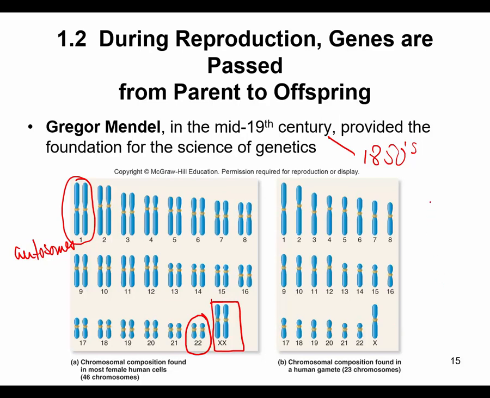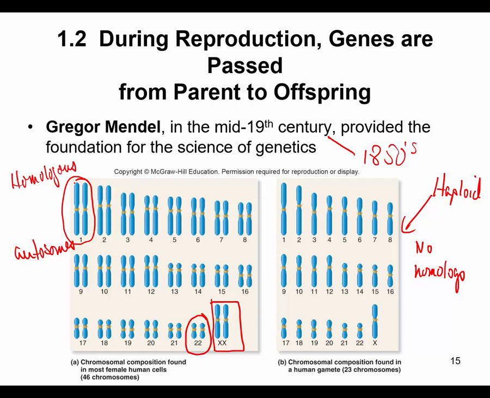This is showing you a haploid cell in a human. It doesn't have homologous chromosomes. Homologs are chromosomes where one came from your mom and one came from your dad. So when you're haploid, you don't have homologs. Your eggs and sperm are haploid, no homologs. Whereas if you have a diploid cell, you have homologous chromosomes.